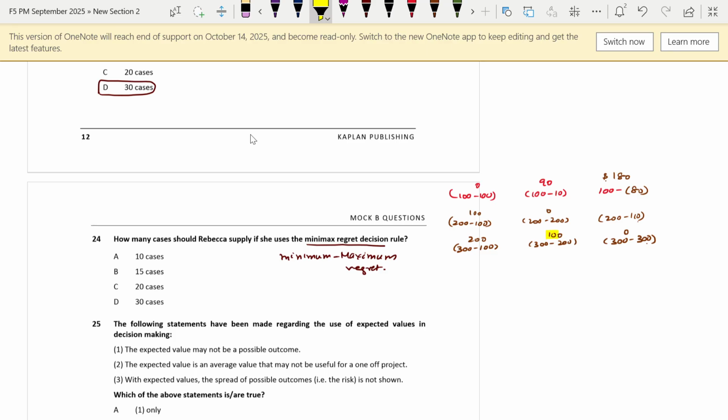How much is the minimum value? 100 minus 10. The last one.